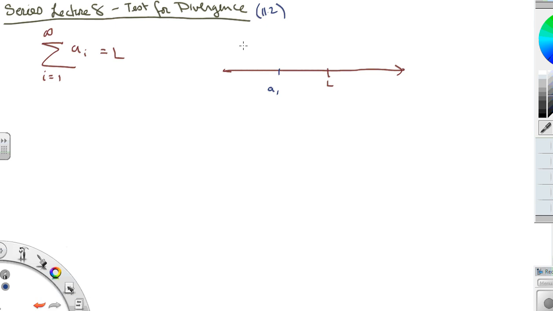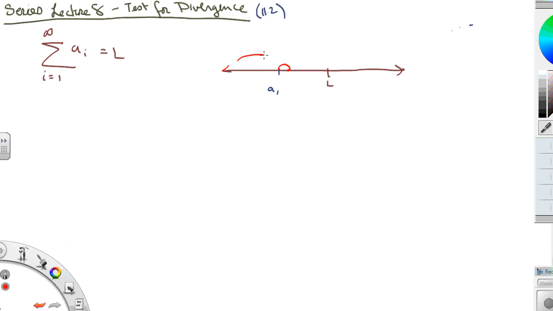It's perhaps the easiest. So let's suppose we've got a series that converges to some number L. Now let's first just consider the situation where all the terms are positive. So I start with A1. Notice I've got a number line here. I've got A1 on there, and I've got L. If all the terms are positive, I'm going to add A2 to that, right?